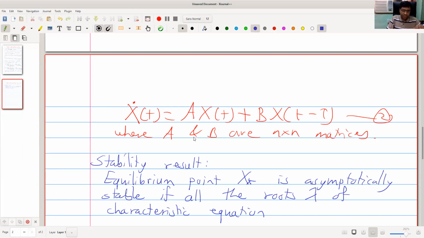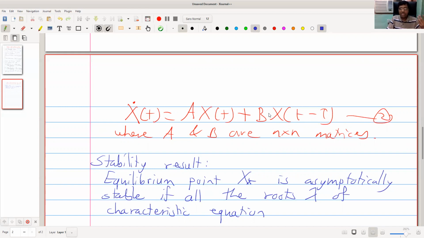So here the characteristic equation is given by the determinant of A plus B e raised to minus lambda tau minus lambda into the identity matrix, or it may be the determinant of lambda I minus A minus B e raised to minus lambda tau equal to 0.